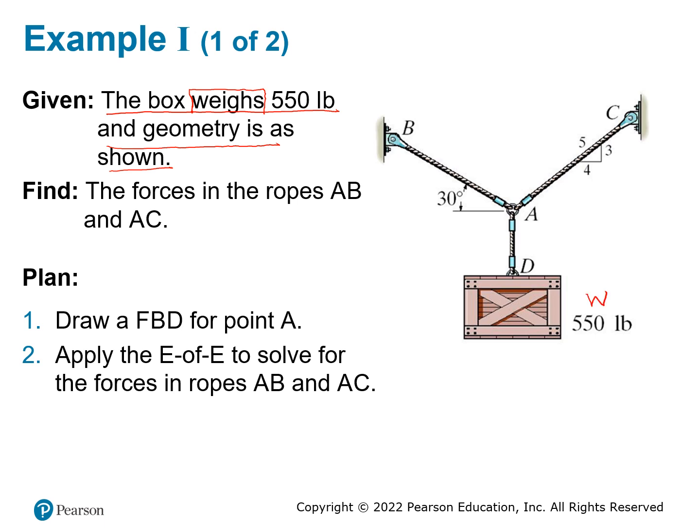This is the weight. The forces in the ropes AB and AC are the forces that we try to find out. AB is going to be the force that goes along this one here, because this is a cable. The cable force always goes along the cable and is outwards.